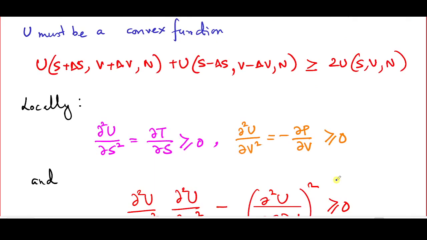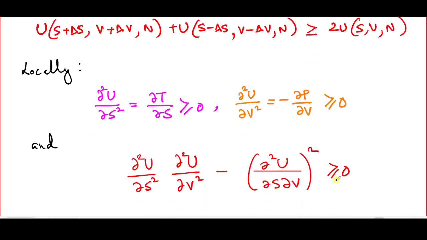Of course, in addition to that, you also have this condition: del 2U del S2 times del 2U del V2 minus the square of del 2U del S del V. This once again has to be greater than or equal to 0. This particular combination has to be greater than or equal to 0 and not reverse to less than or equal to 0. Why?